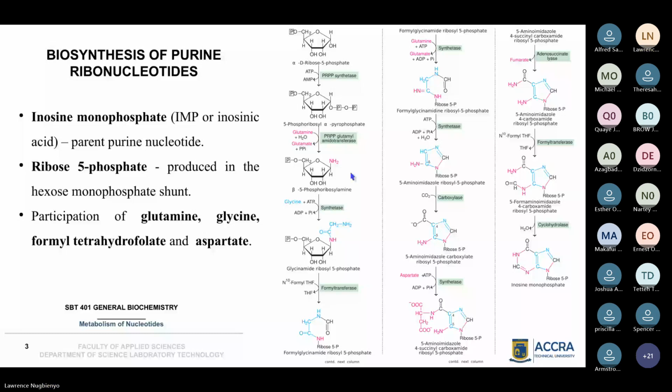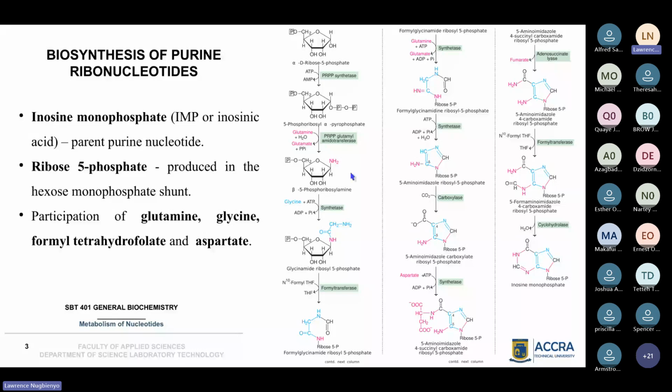Then, what are the molecules that participate in the synthesis of the purine nucleotides? Glutamine, glycine, aspartic acid, these 3 amino acids, plus the formyl tetrahydrofolate, which we commonly refer to as folic acid.